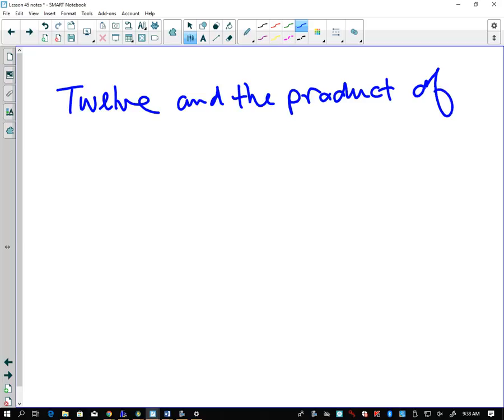Notice that they're using, instead of a variable, an unknown number. Could we say an unknown number and actually kind of beef up? Of an unknown, okay? Does that make sense? Okay, 12 and the product of an unknown number, what?